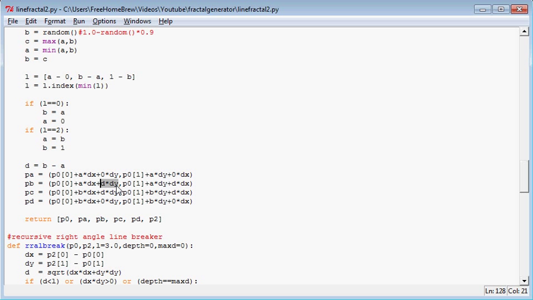This is because if the line is horizontal, dy will be 0. So this will evaluate to 0 in horizontal lines. But if it's vertical, it will evaluate to a positive or negative value. Either way, it will evaluate to a non-zero. But in the vertical case, this will evaluate to 0. So we only add this distance over here.